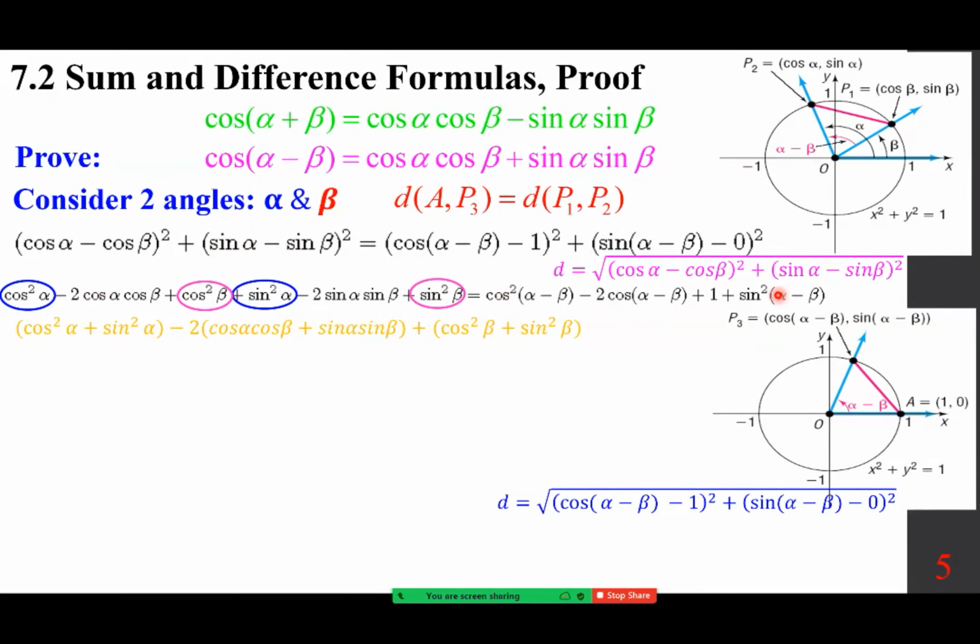What about the right side? We can put this one and this one together. This one and this one. When we put them together, cosine squared plus sine squared is 1.